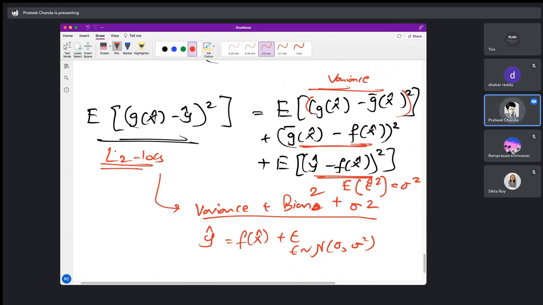We probably have to continue tomorrow, and we can also repeat this derivation again tomorrow if needed. But the idea I wanted to present is that the loss function I'm trying to minimize, the L2 loss, can be decomposed into the variance plus the bias plus sigma squared, which is the noise variance.